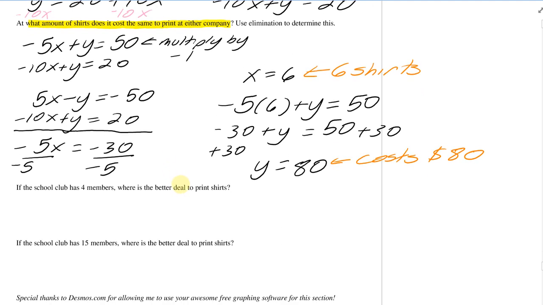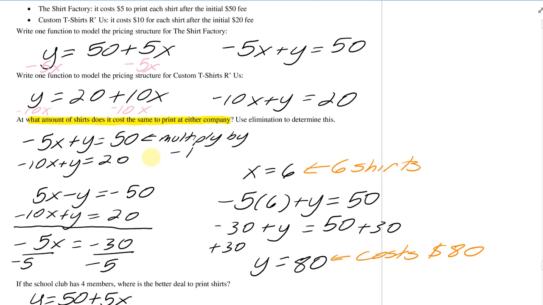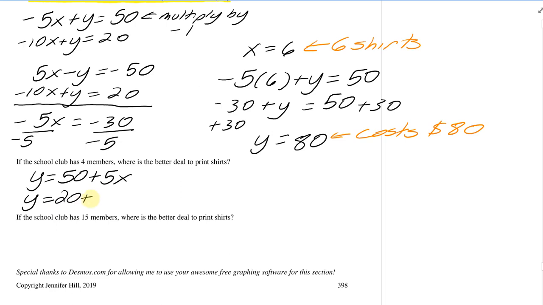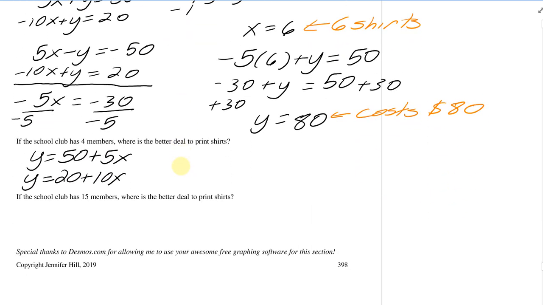So remember my equations were y equals 50 plus 5x, that was the first company, versus y equals 20 plus 10x. You can probably tell just by looking at this which one is cheaper, but we'll just compare them both. So I'm going to plug in 4 shirts.